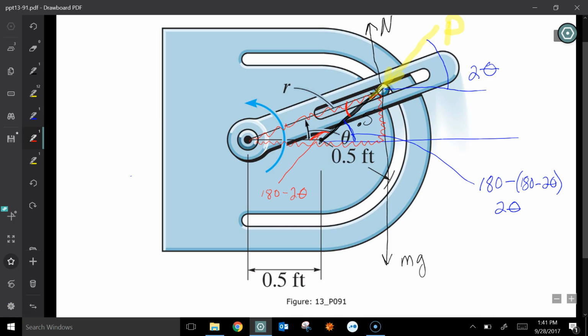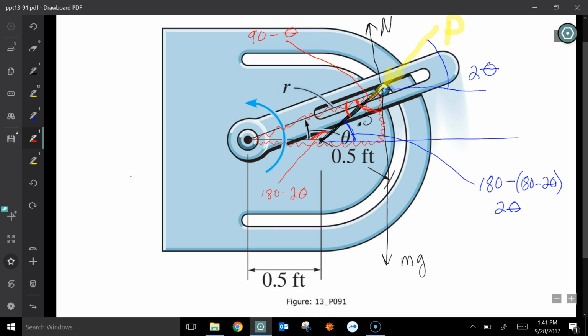Okay, so the angle here between the radial direction and the MG, that angle right there, that angle is equal to 90 minus theta. So now I can take the MG and I can turn it into the radial direction and the transverse direction.